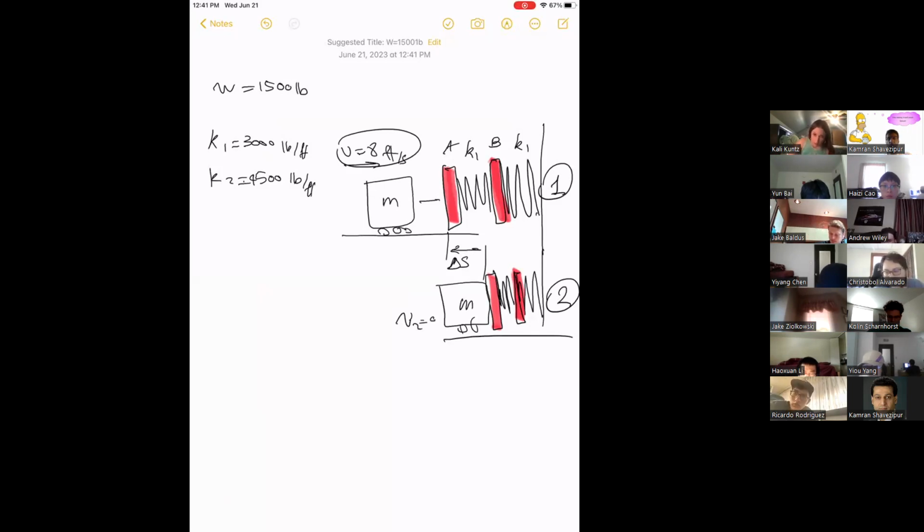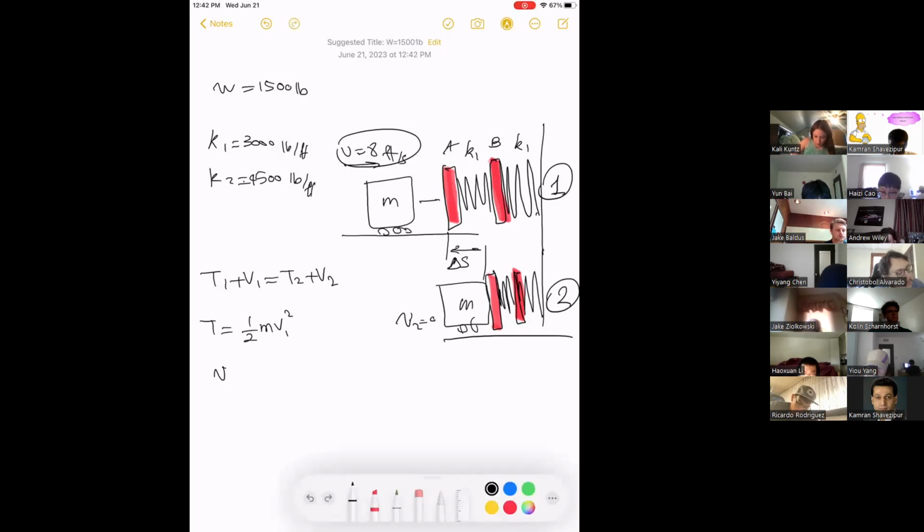And because there's no non-conservative force, I'm just going to write the equation T1 plus V1 equals T2 plus V2. T1 is half mv1 squared. V1, the initial potential energy, is 0 because the springs are not compressed.